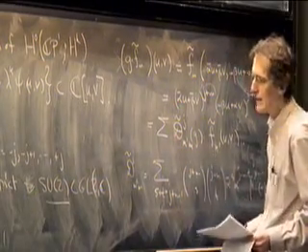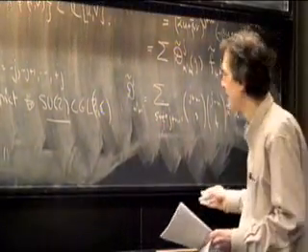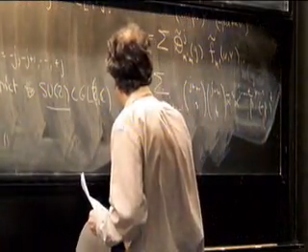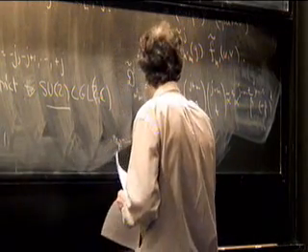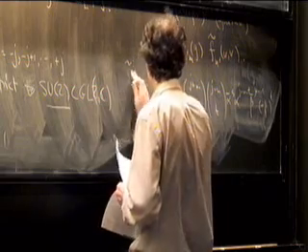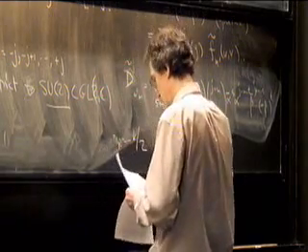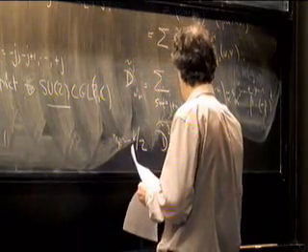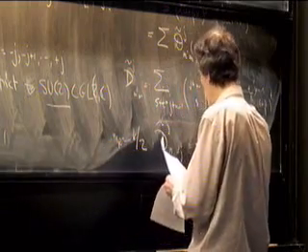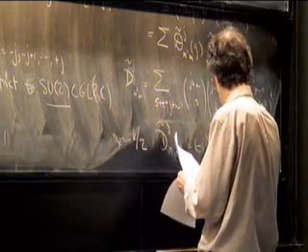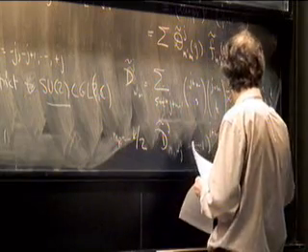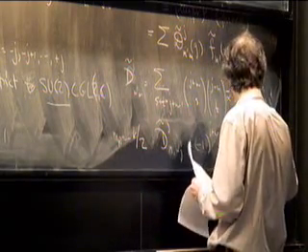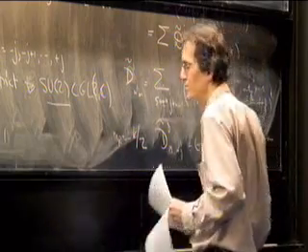But let's just look at the case where m prime is equal to minus k over 2. And then we find that these d tildes, j, m, minus j, are equal to minus 1 to the j plus m, 2j choose j plus m, alpha to the j minus m, beta to the j plus m.